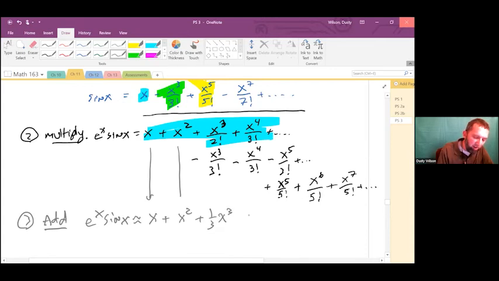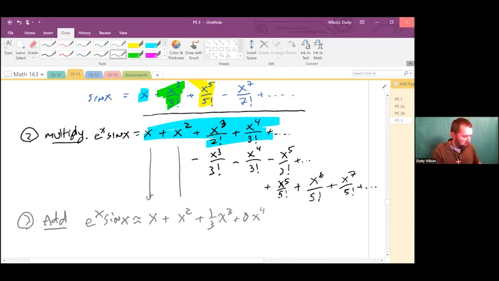And the next term out looks like x to the 4th over 3 factorial minus x to the 4th over 3 factorial, so there's no next term, plus 0 x to the 4th. And then I have minus x to the 5th over 3 factorial plus x to the 5th over 5 factorial.